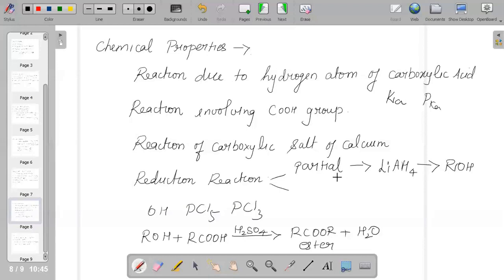So when carboxylic acid undergoes partial reduction, it gives alcohol.